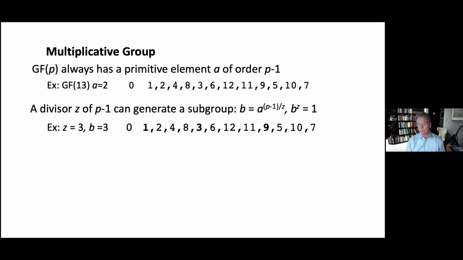You can multiply two elements. Here I'm using the prime 13. You can multiply 4 times 3 and you get 12. If I multiplied 8 times 6, I'd get 48, and then I'd have to reduce it mod P, but I can do my standard arithmetic and everything behaves the way you'd like.